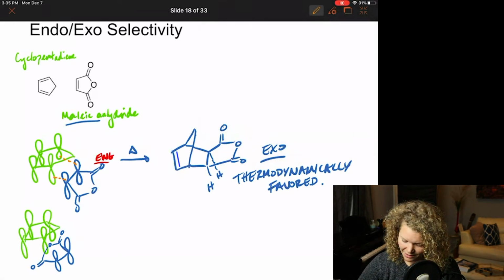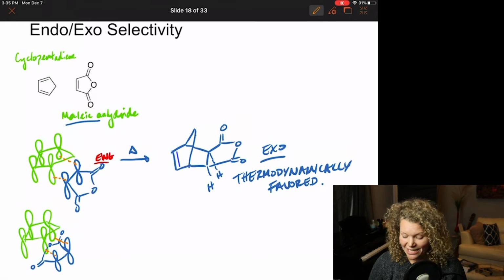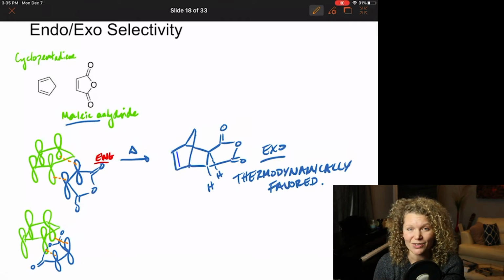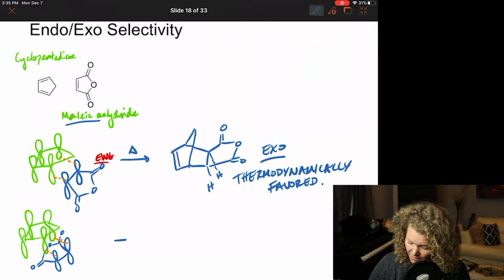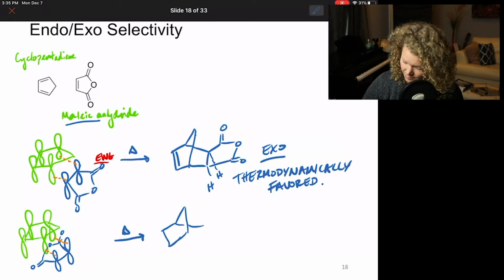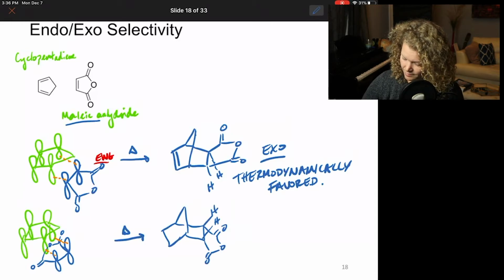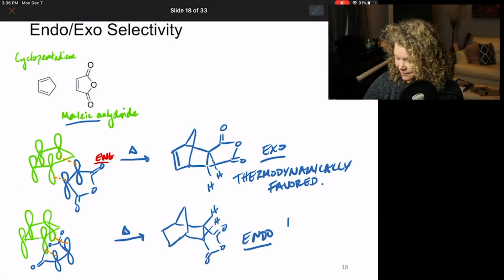We still have the interactions of the two p orbitals here, okay? But notice that our ketones are directly underneath our diene, okay? They're directly underneath it. This is how we end up getting the endo product. So this is the endo product, and it is kinetically favored.